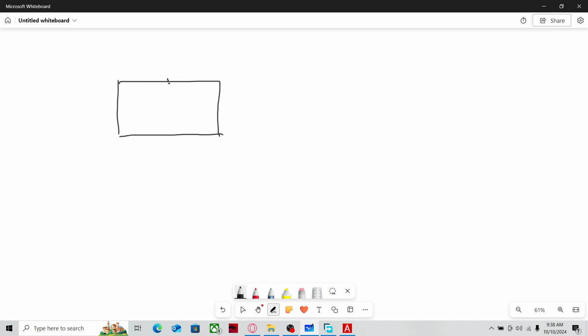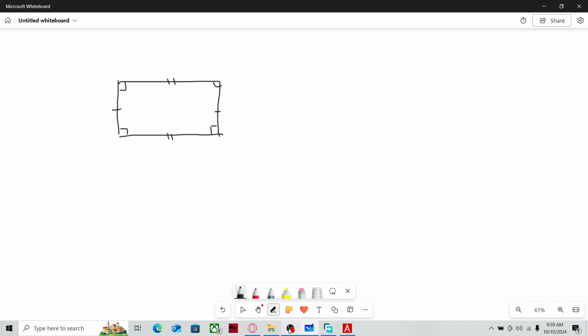One side is equal to another, another in the sense opposite. Opposite sides are equal. And every corner of a rectangle is what? A 90-degree angle. But anyway, that's not relevant for now.